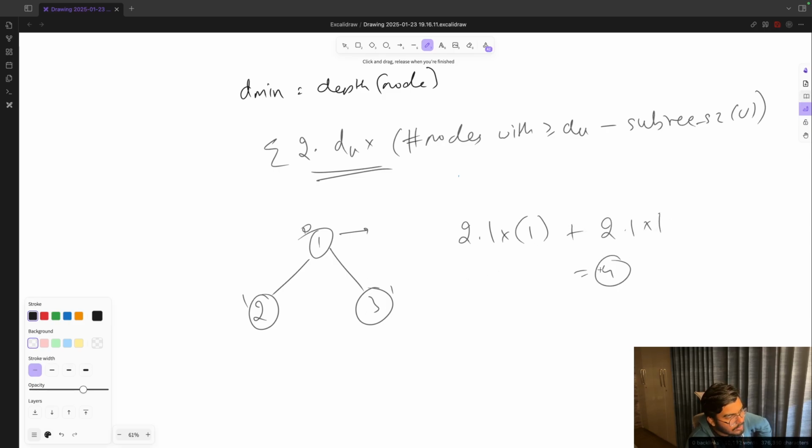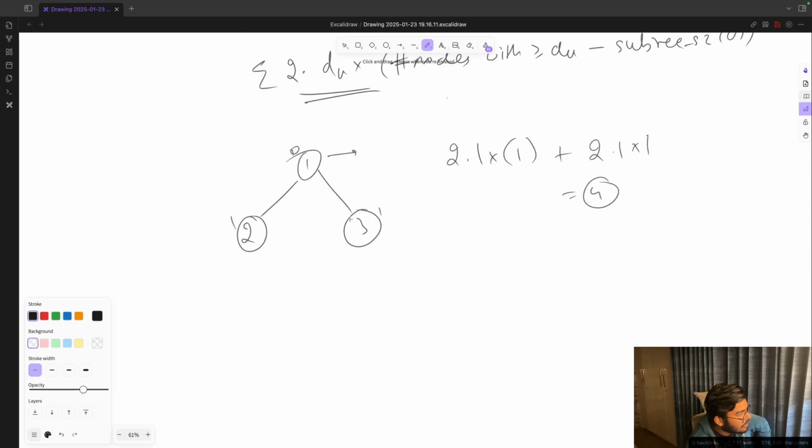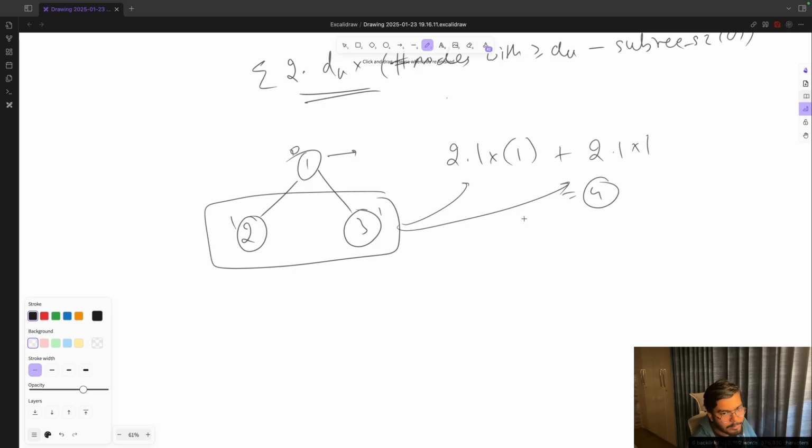This will give you an answer of 4. So basically for 2 and 3 it was computed twice. We only wanted to contribute for every pair, but for every pair at the same depth, this was added twice, right?